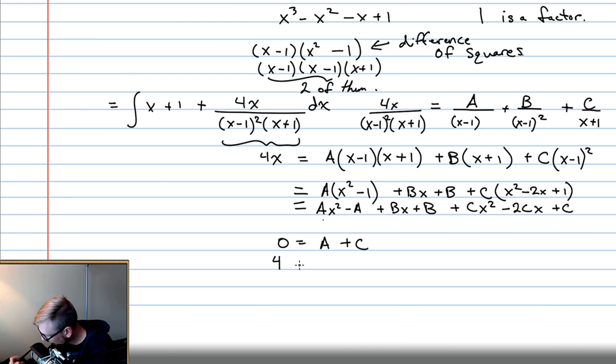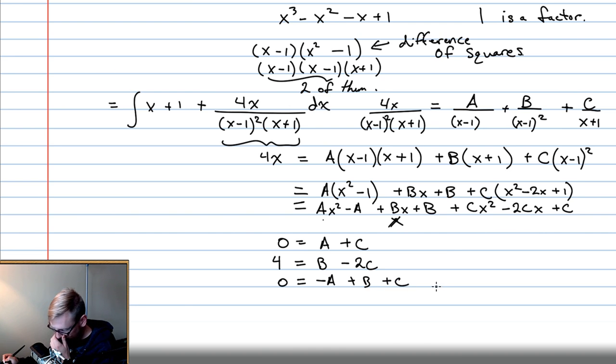Well, 4x has to be equal to b plus minus 2c. And then the last one is our constant. There is no constant over here, so we've got 0 again, is minus a plus b plus c. Now we've got 3 equations with 3 unknowns. We should be able to solve it all.